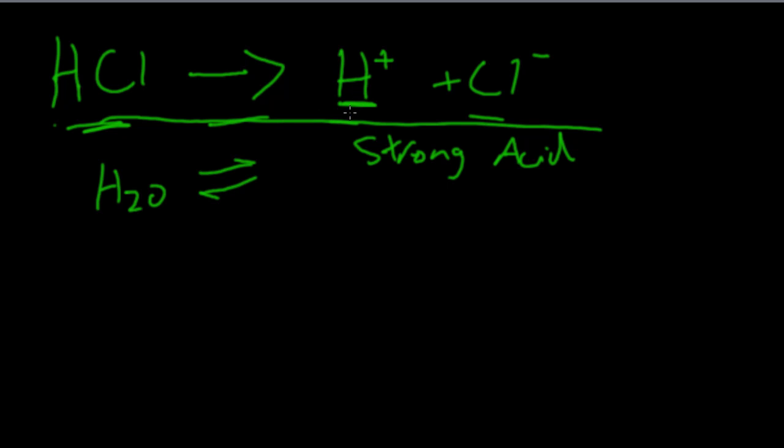H plus is the thing that we're measuring when we're determining if something is acidic, but the actual acid is the thing that gives up the H plus and increases the H plus concentration. So that's important to remember as well. But the HCl is a strong acid because it completely ionizes, completely turns into H plus. And to understand why that's a thing with a name, we should look at a counterexample, something that doesn't do this, and there isn't a better example than acetic acid.